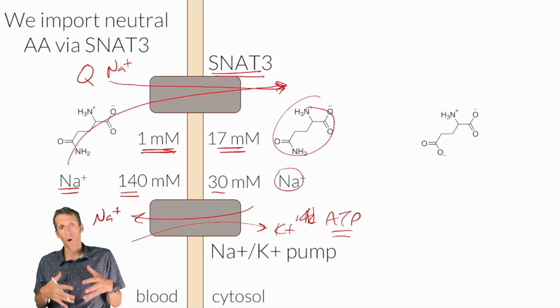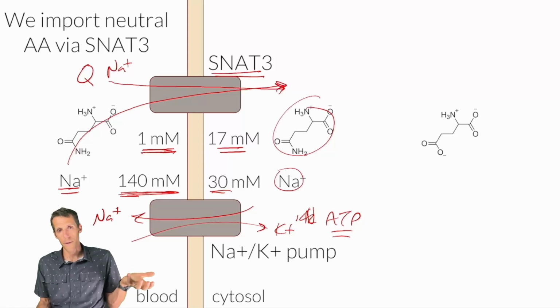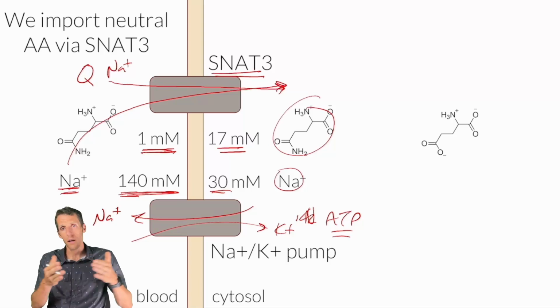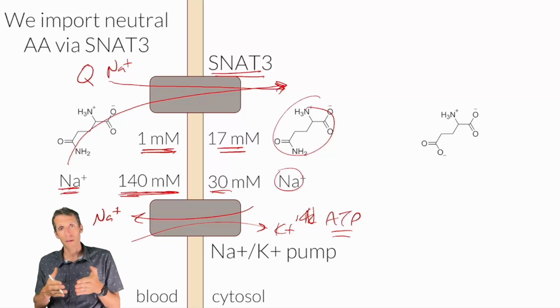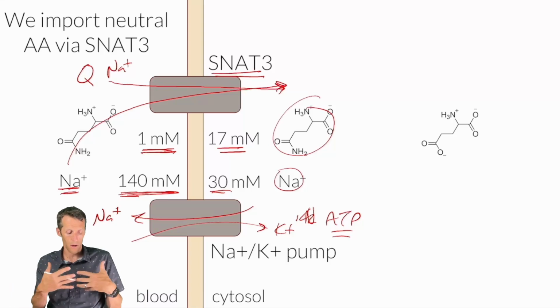So basically, our cells invest energy to keep a gradient of sodium and potassium across the bilayer. And that allows our cells to do things like import glutamine by attaching it to sodium flowing in. So sodium and glutamine flow in together. The driving force is actually being provided by the sodium to bring the glutamine across its concentration gradient, right? So great.